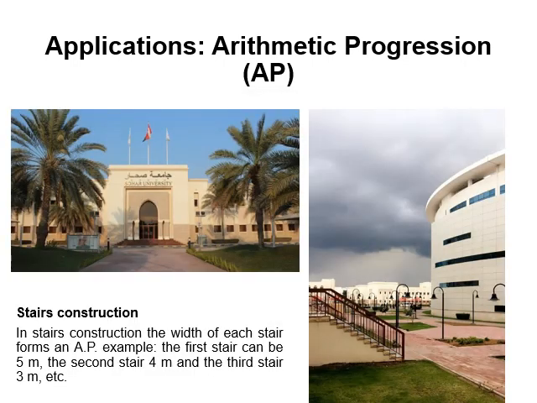Another example, stair constructions. You can see here the main stair in front of the main building in Sohar University. You can see that the stair width here is 5 meters, the first stair, and the second one is 4 meters, the third one is 3 meters, and it gets narrower and narrower.